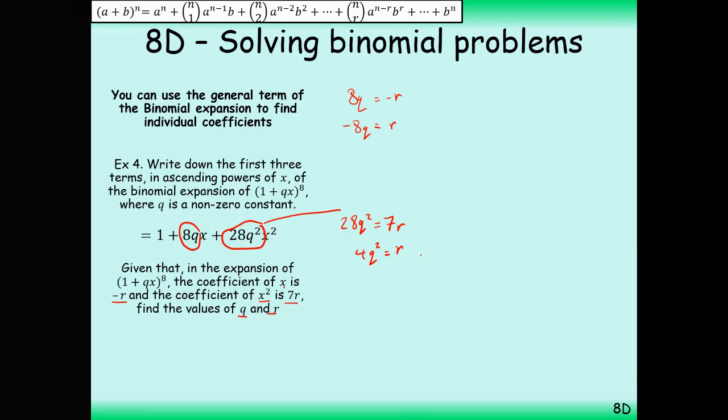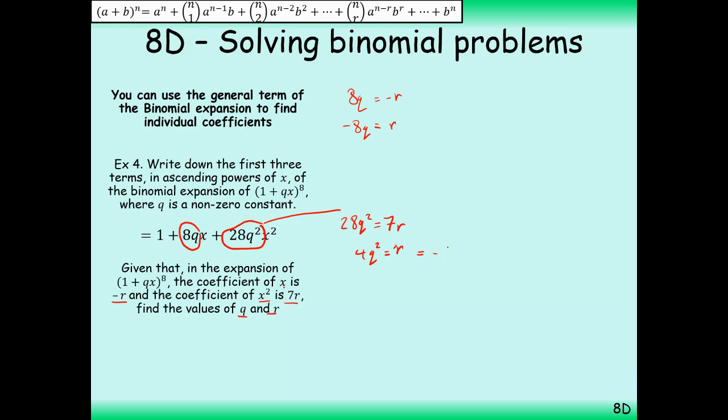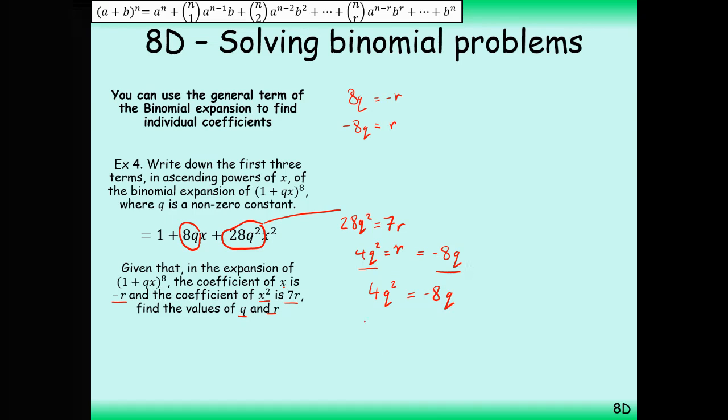So now we can equate them to each other. That r is negative 8q. And so we can just equate the very left to the very right and say 4q squared equals negative 8q. We can factorize and divide by q.